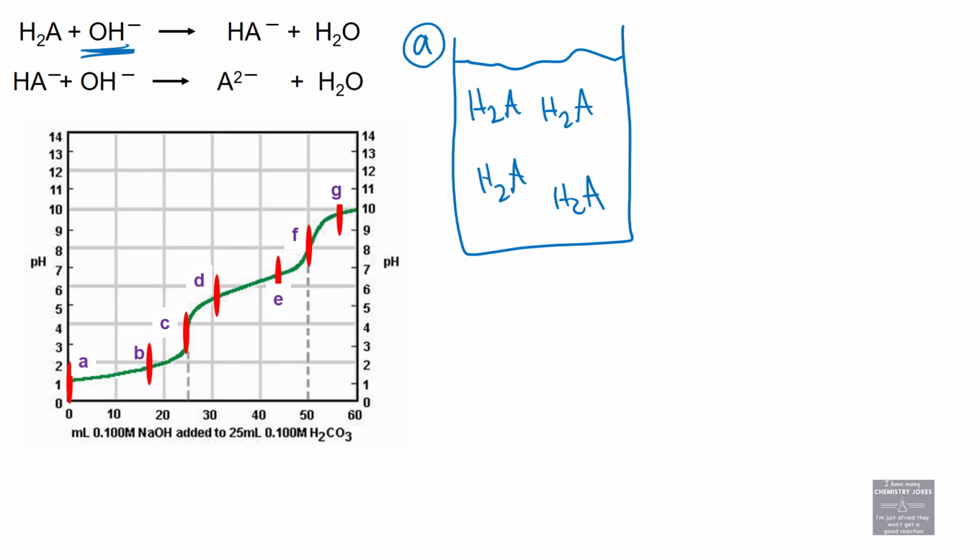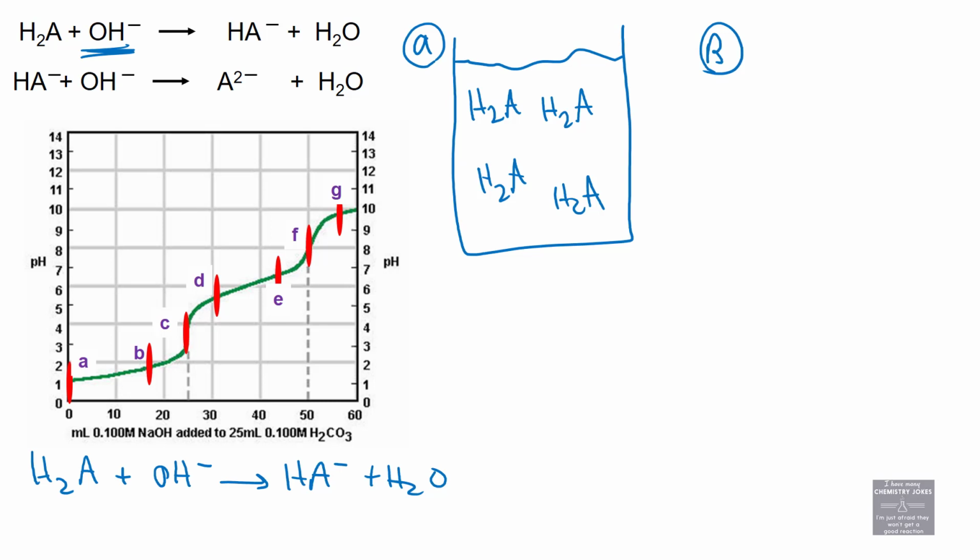All right. Beaker B. We have started to do that first net ionic equation. Let me write it down here so that I can write down a little bit more. Beaker B, we've started to do that first net ionic equation, but we've not yet reached the equivalence point.